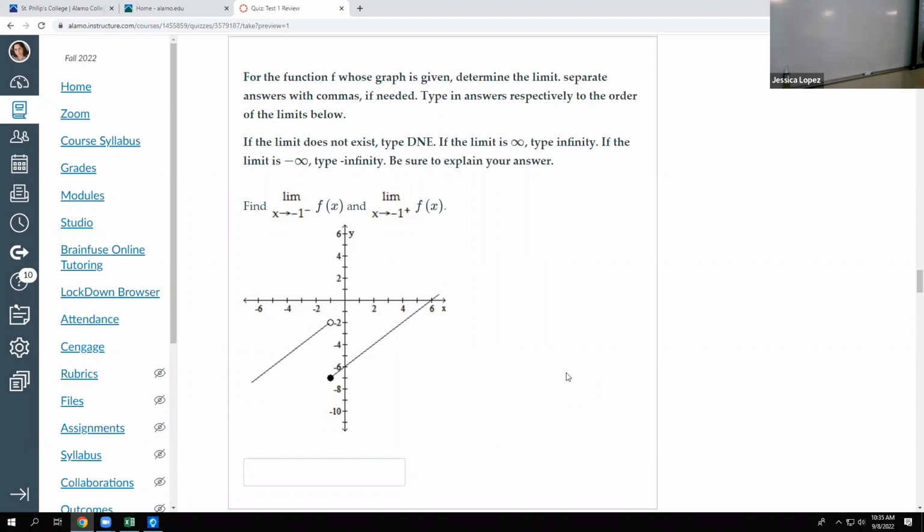On your paper, you're just going to explain the y value going to this as x approaches -1 to that. So what y value am I going to as x approaches -1 to that? And here I am, and my y value is -2.